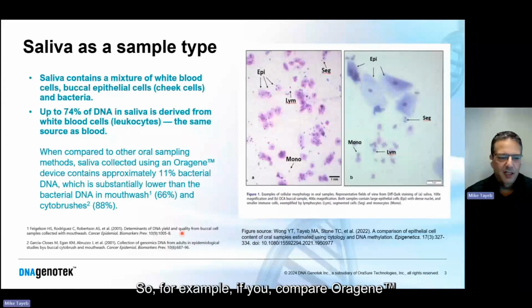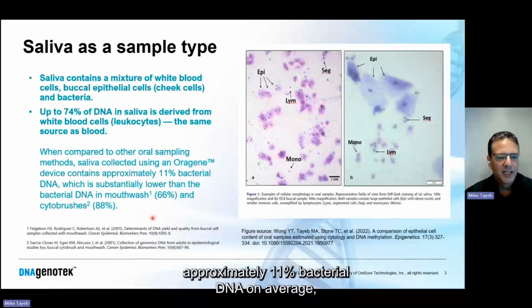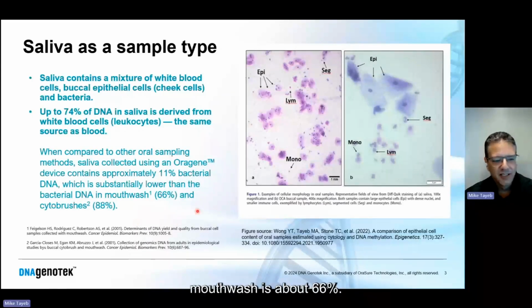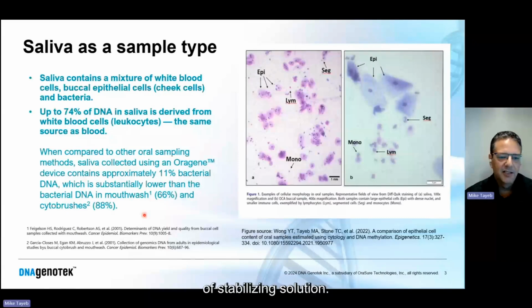So for example, if you compare Oragene to mouthwash or cyto brushes, the saliva collected into Oragene contains approximately 11% bacterial DNA on average, which is substantially lower than what you find in mouthwash and cyto brush samples. Mouthwash is about 66%, cyto brushes are about 88%. And the reason those are higher is due to their lack of stabilizing solution.